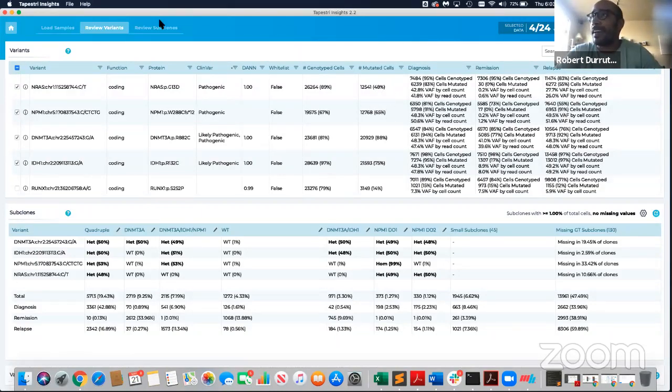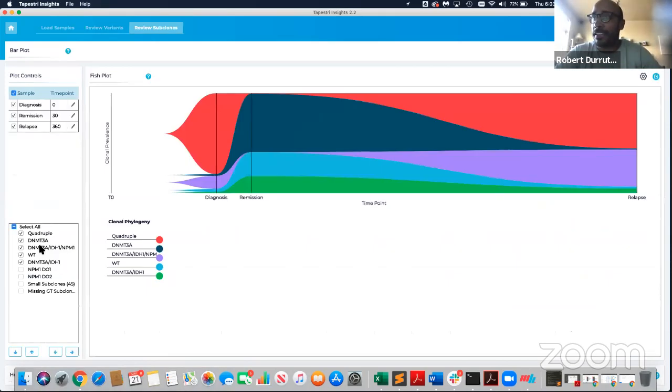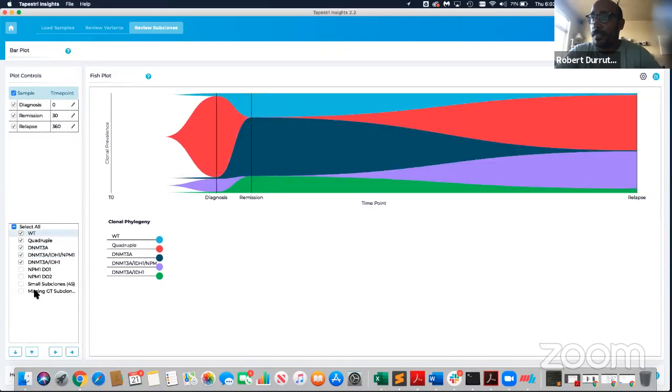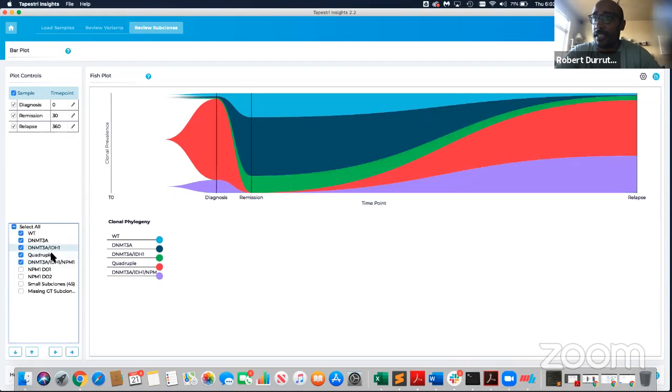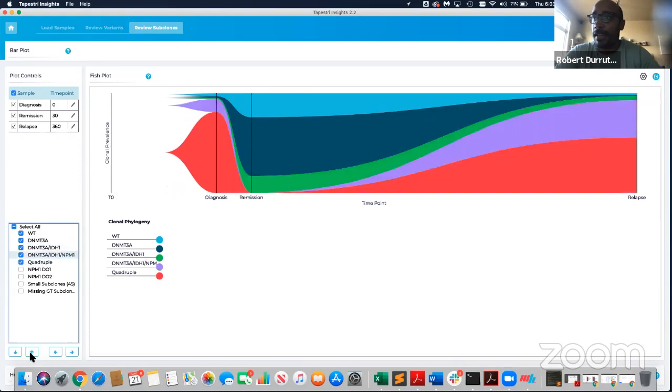It's not yet automated, but you now have the ability to incorporate that in your model. So I typically select a clone and order them based on the acquisition. So wild type first, followed by DNMT3A, followed by IDH1 DNMT3A, then followed by the triple mutant clone.